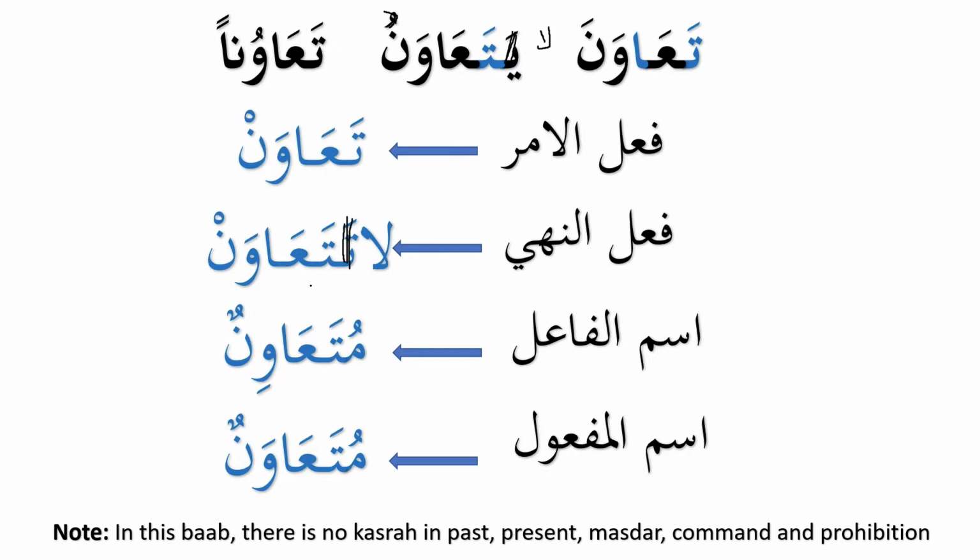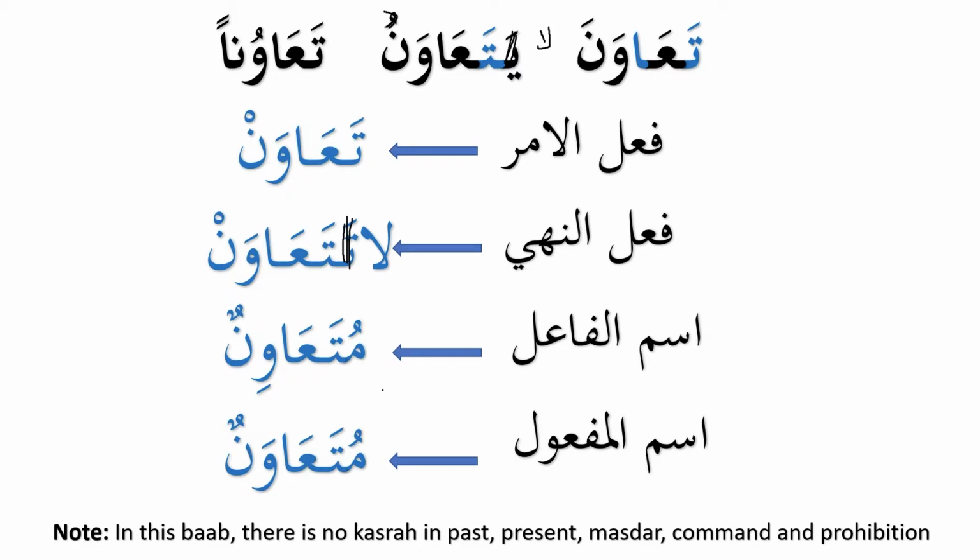So it is la ta'awan, instead of tata'awan, as we have seen in the Quran. It's not a must, but it happens, and we have both examples. Even as we have seen in form number 5, and also we will see in form number 6, most of the times ta is dropped in the Quran, but there are some examples in the Quran where the ta has not been dropped.